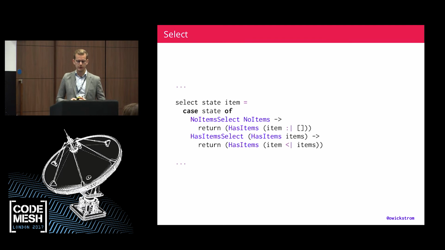And we don't have to handle any mismatches. We don't have to say, okay, if state isn't one of these two, then we have to abort or whatever. Because GHC will know from the GADT and the associated type that this case expression is exhaustive. So that's nice.